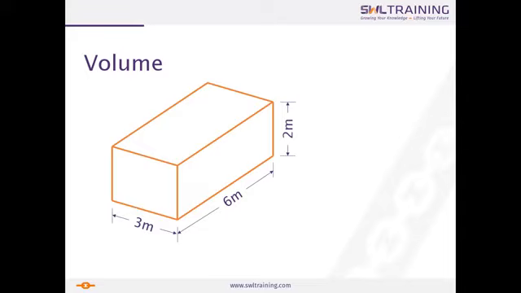If we have a rectangle and we want to find out the volume of that rectangle, or any given shape, we'll multiply the length by the width by the height. In this case, we have 6 meters by 3 meters by 2 meters. 6 times 3 is 18, times 2 equals 36 cubic meters.